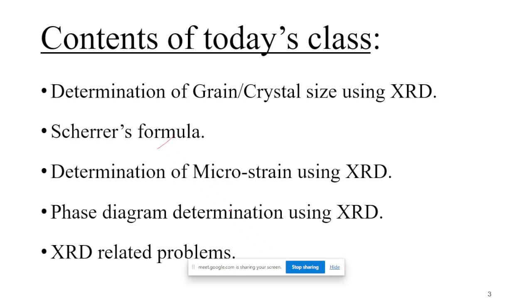If we have time, we will go for phase diagram determination using XRD, and microstrain determination is also part of the problem. This is not very useful for GATE, but it is very useful for your higher studies.